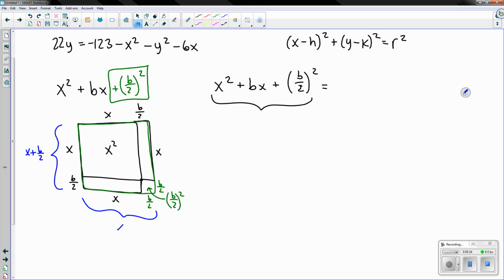So an equivalent way to represent the area of our green square is x plus b over 2 times x plus b over 2, which can be written as x plus b over 2 squared, where x plus b over 2 represents the side of our square.